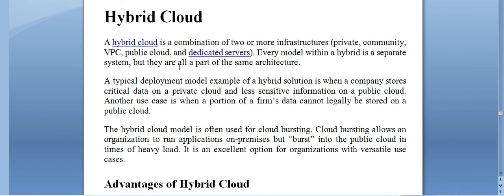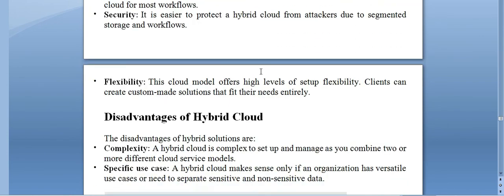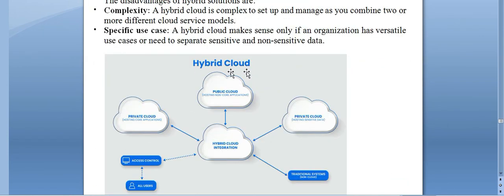Hybrid cloud is the combination of all of them, and every model within a hybrid is a separate system, but they are all a part of the same architecture. So here you can see the hybrid cloud. This is the combination of the private, public, and virtual cloud also. The private cloud hosts core applications.